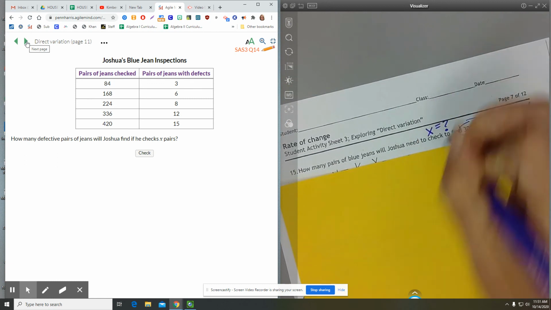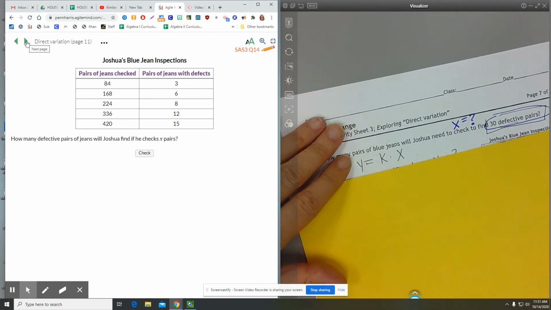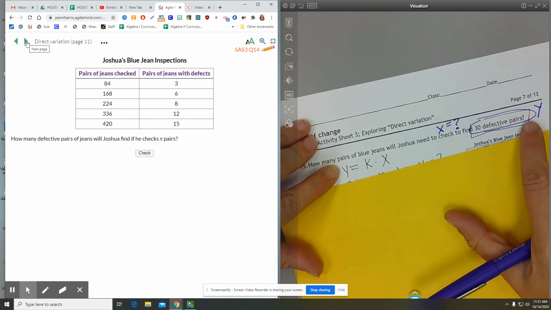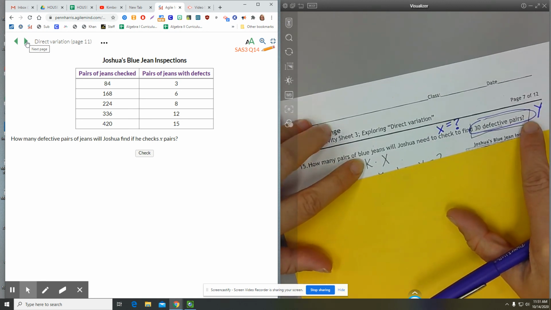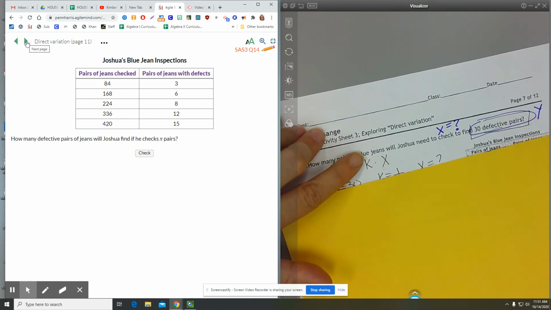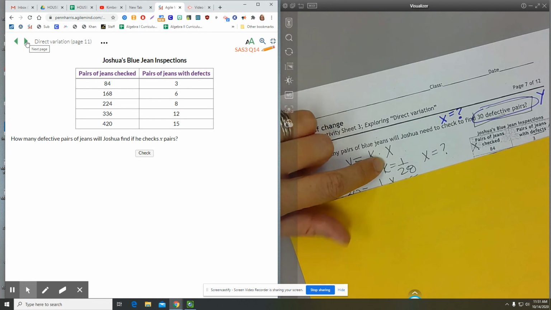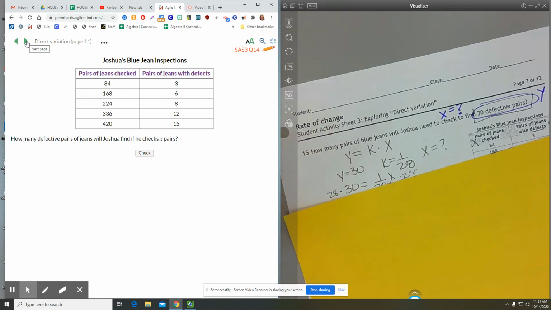We don't know yet. Okay, so when I have my formula, Y equals K times X, Y is 30. K is our constant that we know. X is the unknown. Okay, Y equals 30. K equals 1 over 28. X is unknown this time.